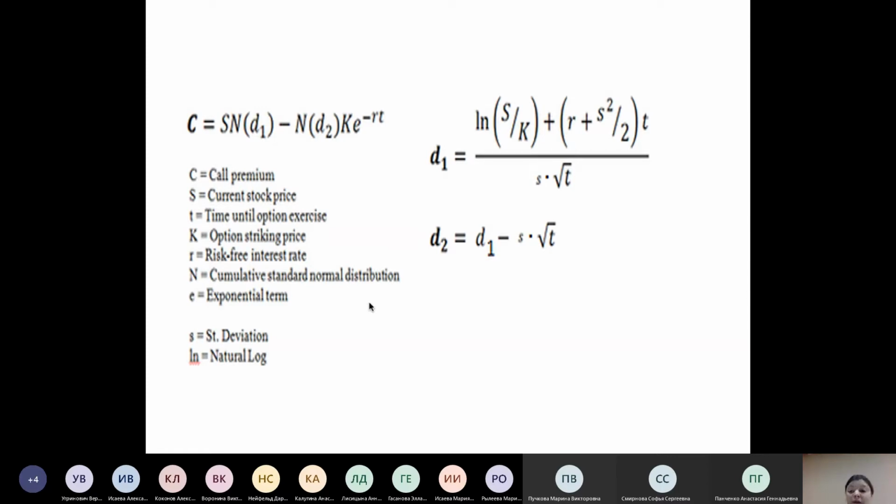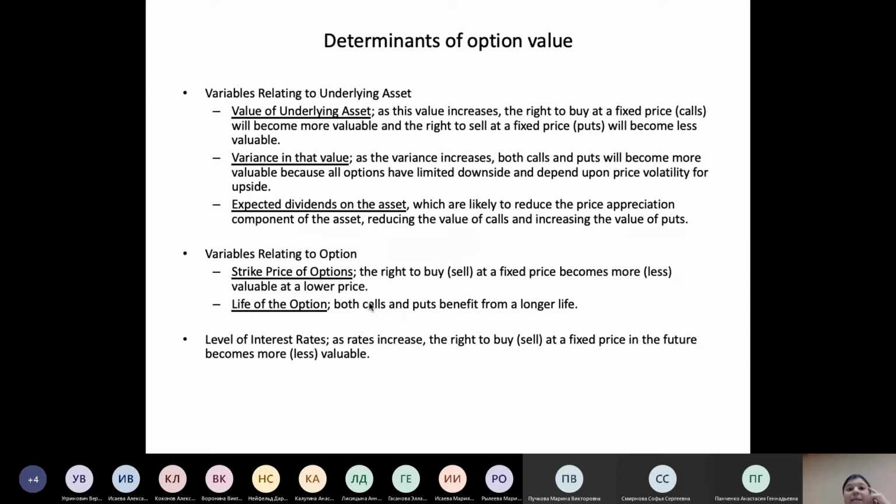And as for the main determinants of option value, variables relating to the underlying asset: our variance in the value. When variance increases, both call and put options will become more valuable, because all options have limited downside and depend upon price volatility for upside.